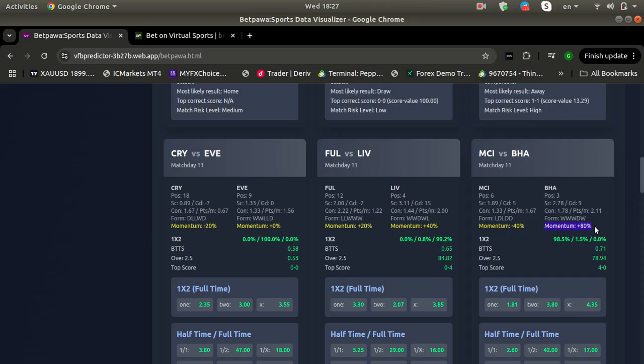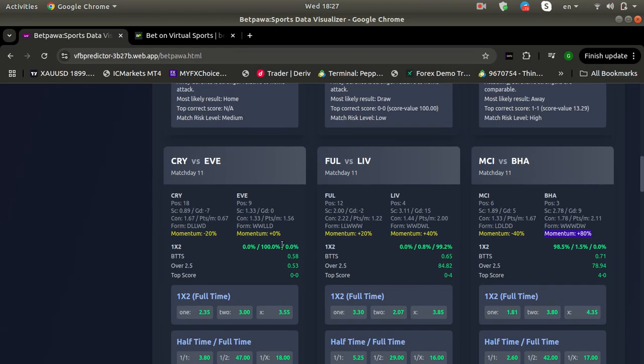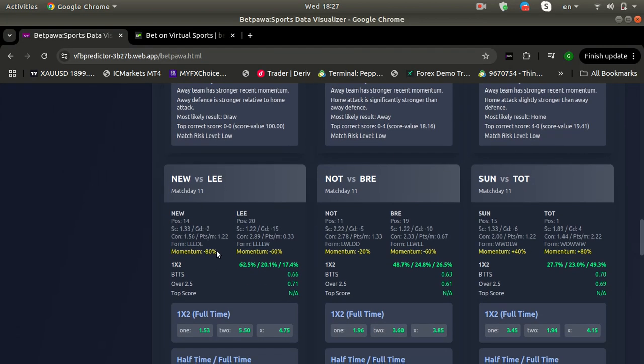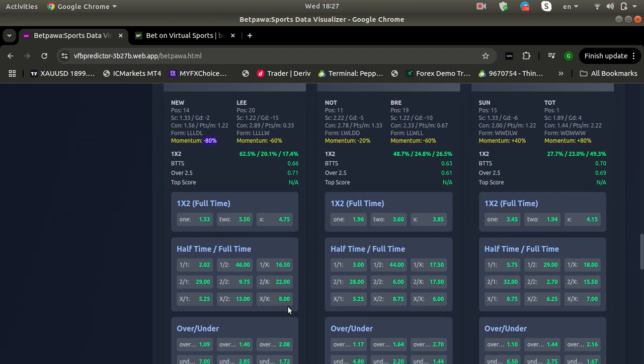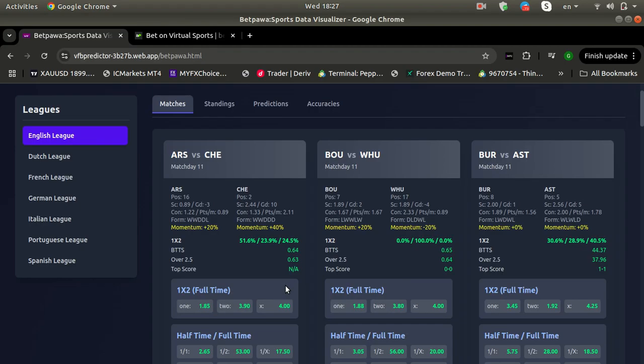If a team has a momentum that is negative, it means that the strength is decreasing. If it has like a -80, that means that the team is quite weak. So momentum is the team's strength, and it's changing, because it's analyzing the previous matches.